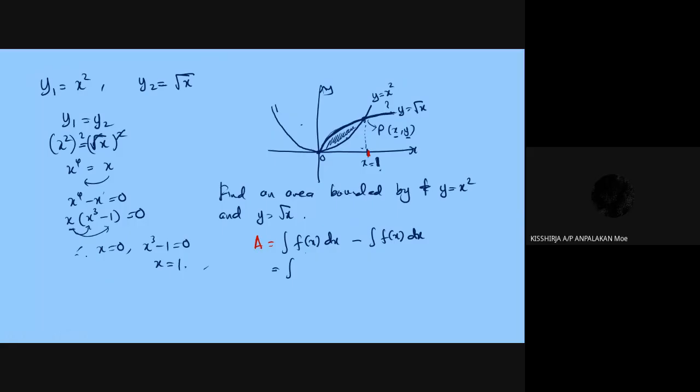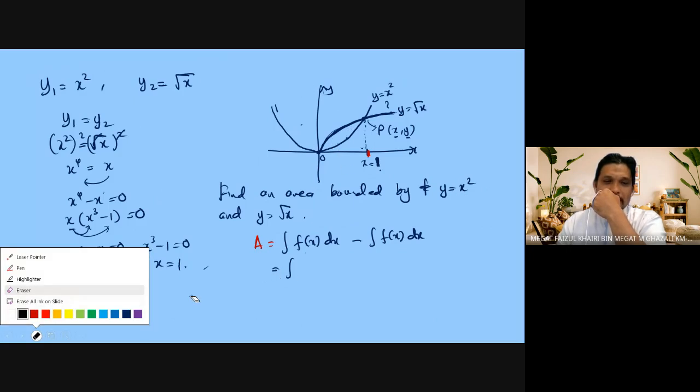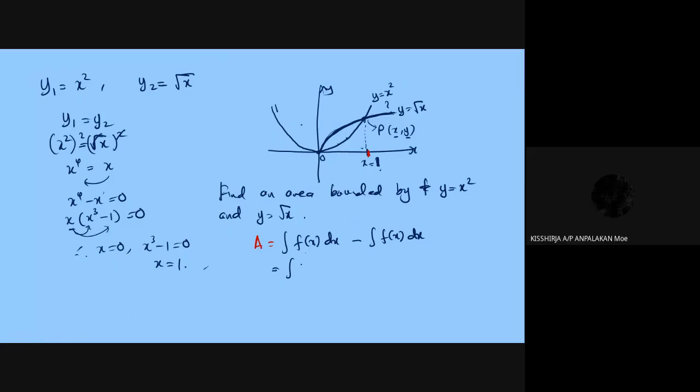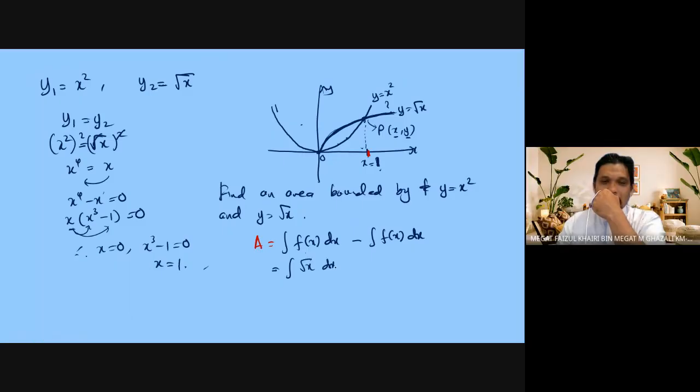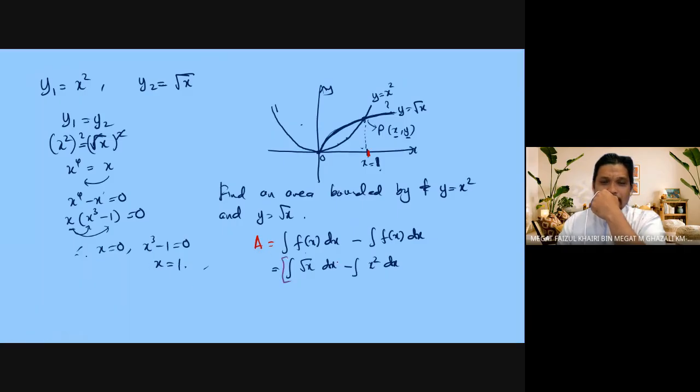Okay, the graph above is represented by y equal to square root of x. So the integral of square root of x dx minus the integral of the next function, which is x squared dx. The first, the integral of square root of x dx, will give you an area between the curve and the x-axis.